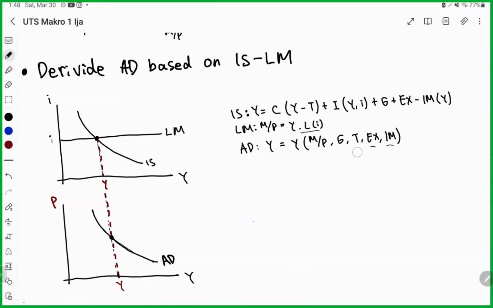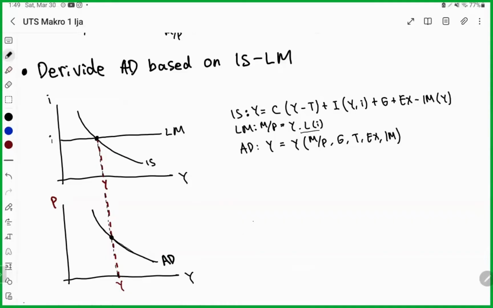And as we know, ISLM shows the relationship between Y and interest rate, while the aggregate demand shows the relationship between GDP, Y, and price. So there is a difference in the endogenous variable.